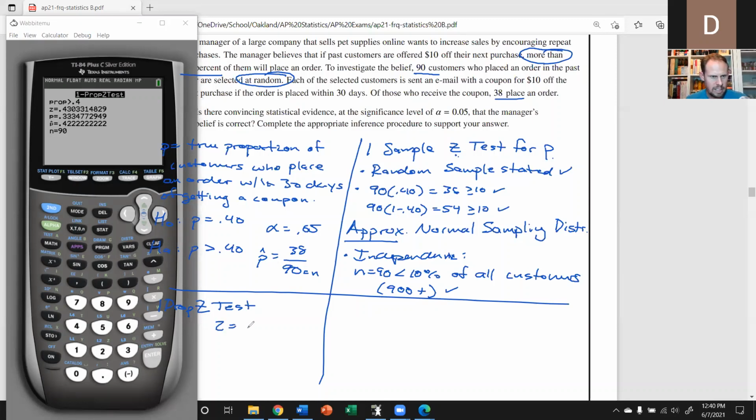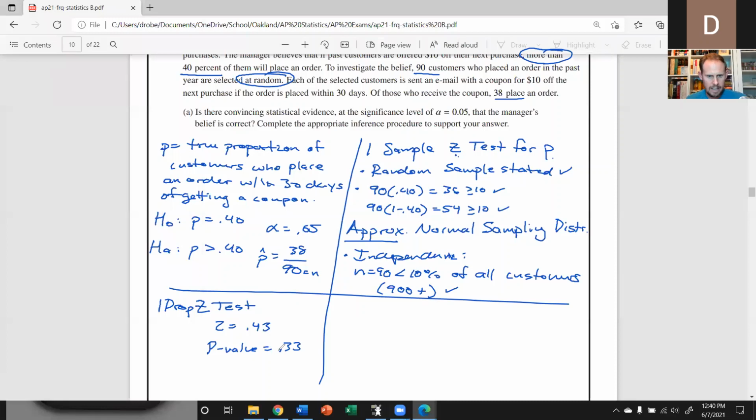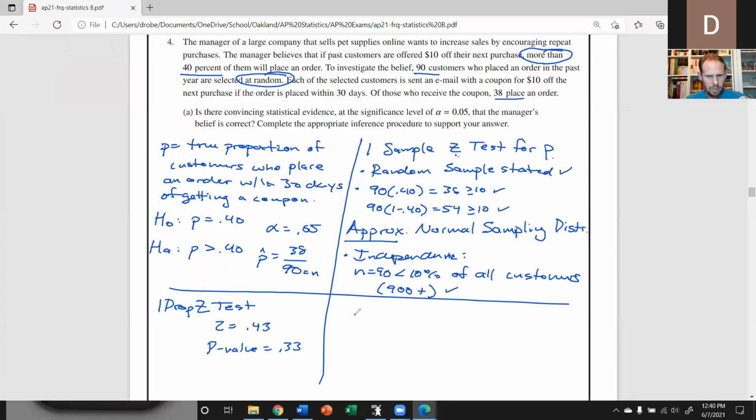So 0.43 for Z. We do want to write that down. And our P value, notice I don't write P, I write P value is 0.33. I don't want to confuse that with other things. Now that we've got our P value, we write our conclusion. If we were working with means, we would write down degrees of freedom, but we don't have degrees of freedom here since we're working with z's and not t's.